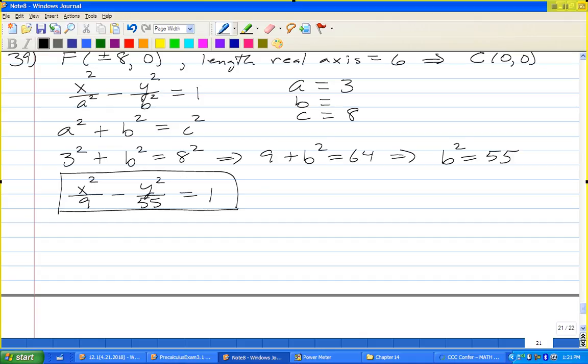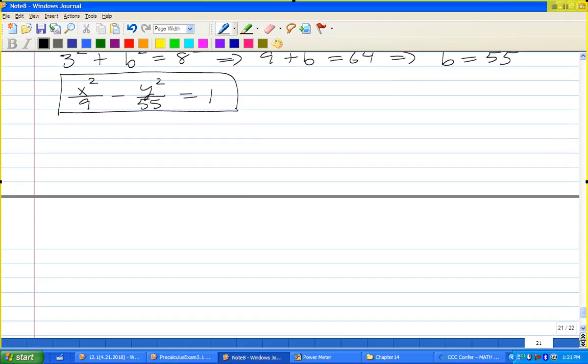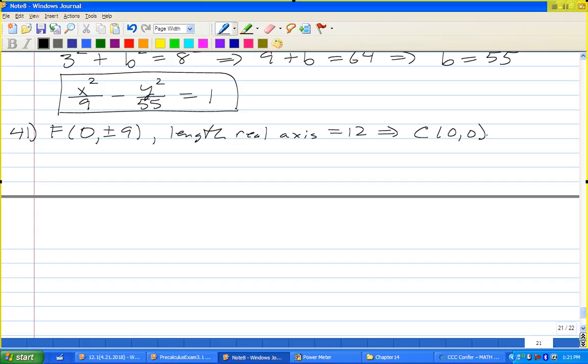Let me do problem number 41. The foci are 0, plus or minus 9, and the length of the real axis is 12. Since the midpoint of the two foci is the origin, then the center is at the origin.